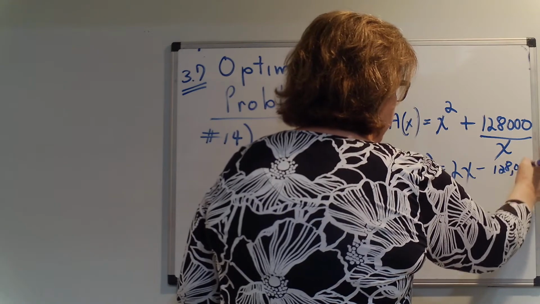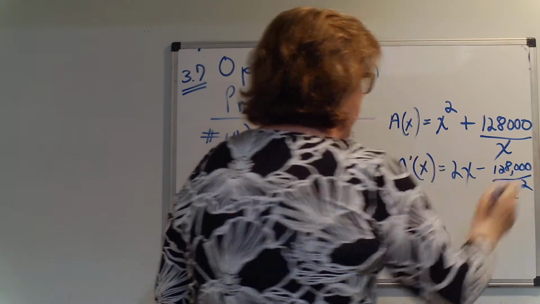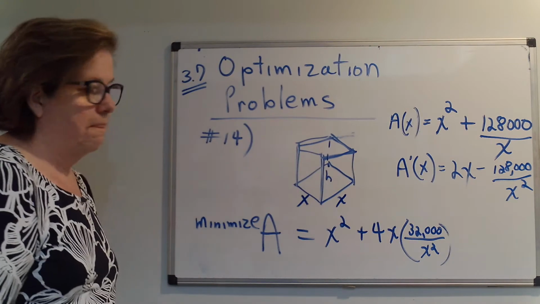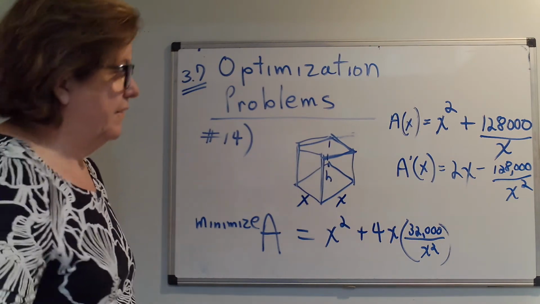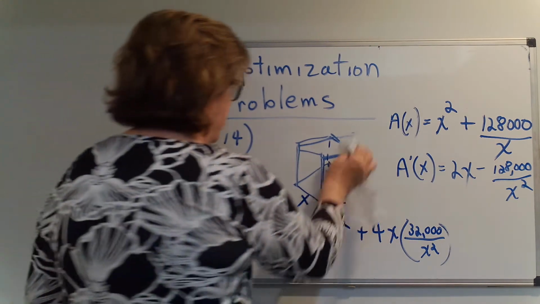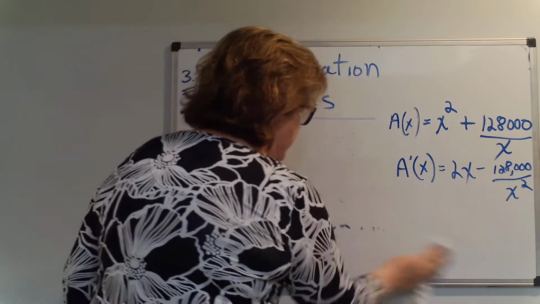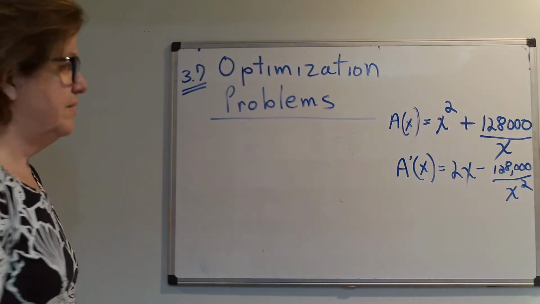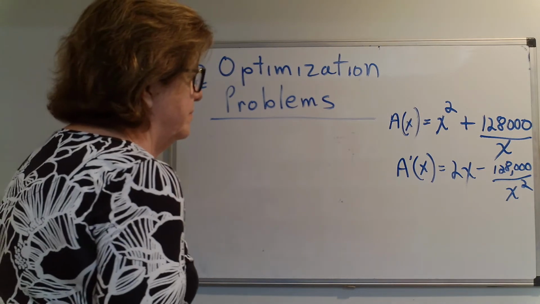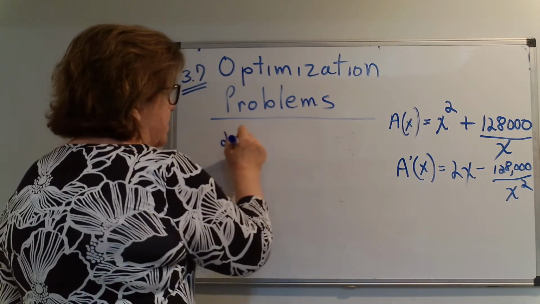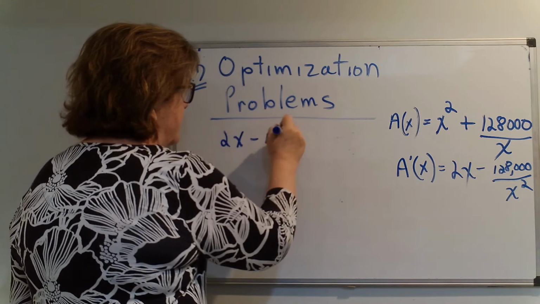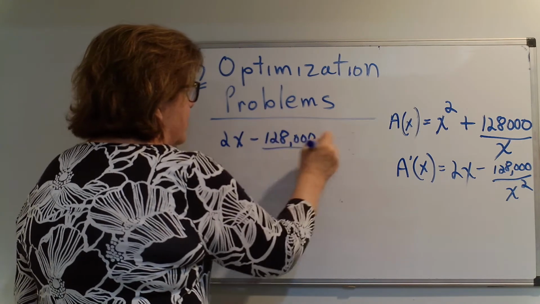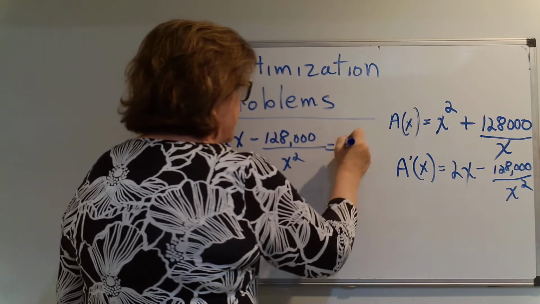So it would be like that. So now we've got to figure out where that's 0, because where that's 0 would be the minimum or the maximum. So we have to get 2x minus 128,000 over x squared equals 0.